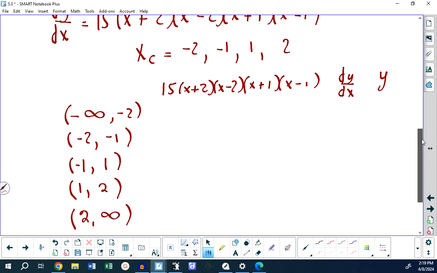I'm just going to lump the 15 with the x plus 2. This is what that first column looks like. X plus 2 is negative to the left of -2, and then when we pass -2, which is the 0 of x plus 2, it becomes positive.